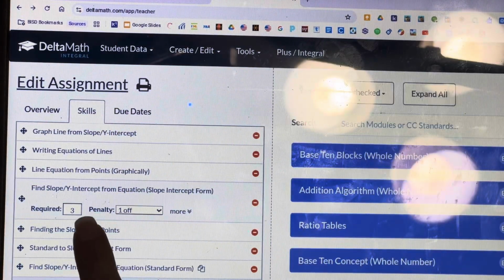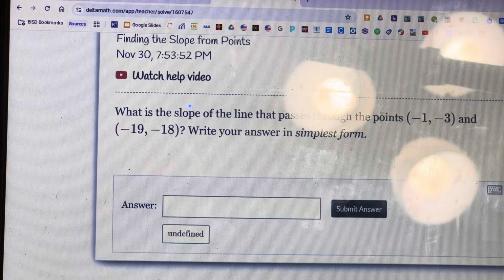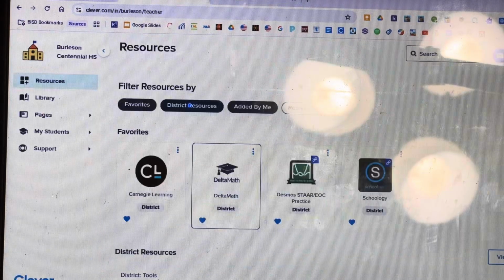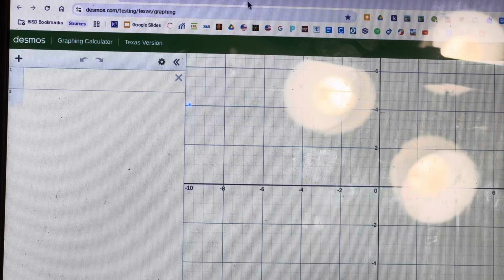Okay. Next type: what is the slope of the line that passes through the points (-1, -3) and (-19, -18)? Let's go ahead and open Desmos. I'm going to split screen this for you.